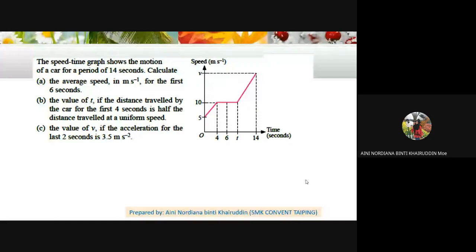The speed time graph shows the motion of a car for a period of 14 seconds. A, the average speed in meter per second for the first 6 seconds.